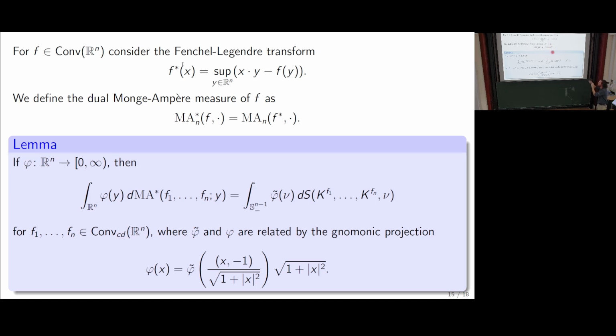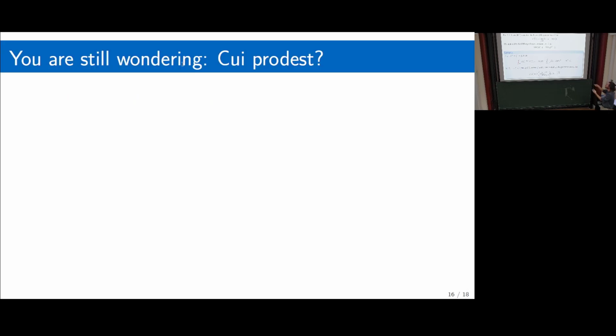The nice thing that happens, and this is sort of the core of the strategy, is that we can represent an integral on R^n of mixed Monge-Ampère measures through an integral on the lower open half sphere of some transform of the original function, and the mixed surface area measures of the bodies representing the function. So we have this way of translating one expression for functions into an expression for bodies.